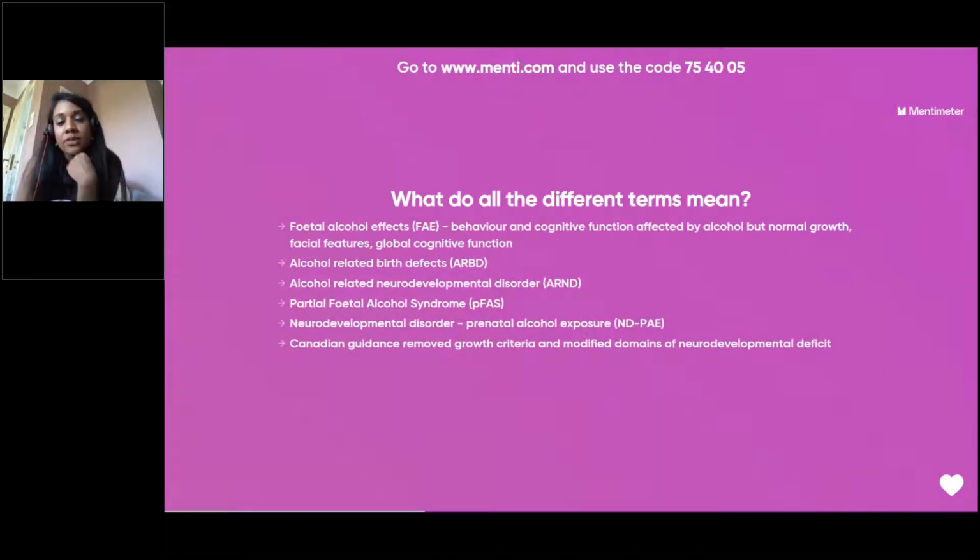What's happened in the last few years is that some guidance came out from Canada, which removed the growth criteria and also modified the domains of neurodevelopmental delay, which I'll talk about. And at the moment, they're developing some NICE guidance, and there's also some guidance on fetal alcohol spectrum disorder by SIGN, which is the Scottish version of NICE, and that's what the NICE guidelines will be based on. That's a really good resource, which I'm going to talk about later in the presentation.